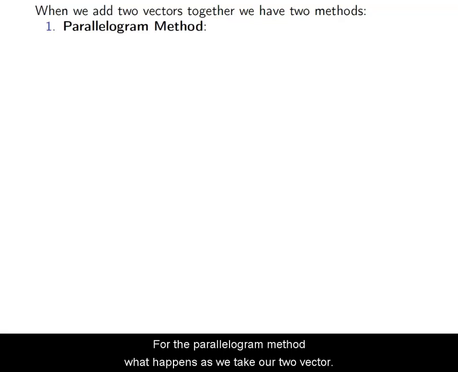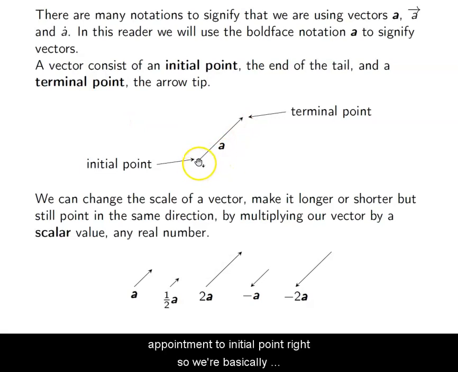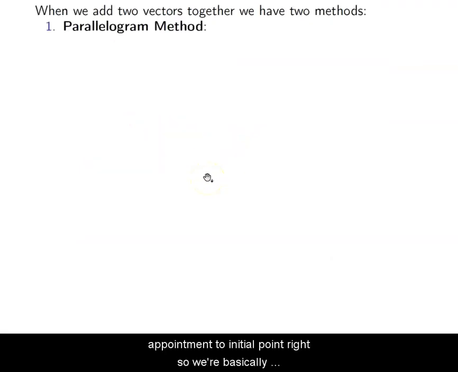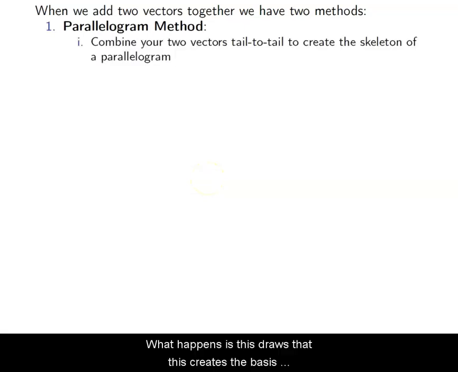For the parallelogram method, what happens is we take our two vectors that we're trying to add together and we place them initial point to initial point, right? So we're basically connecting the initial points of the vectors. What happens is this creates the basis, the outline of a parallelogram. It gives me two sides of a parallelogram.